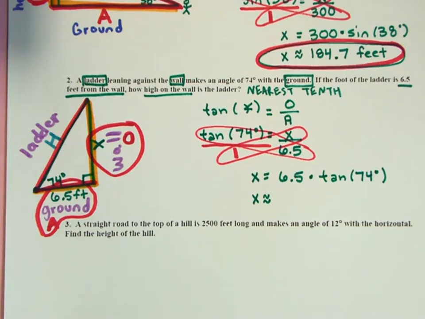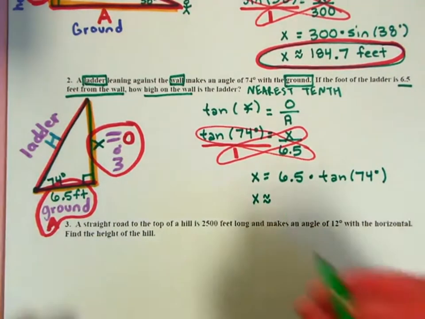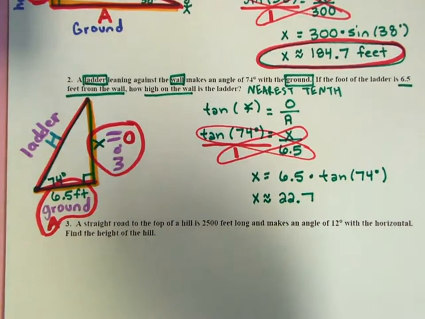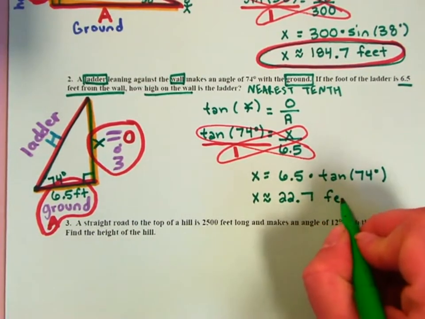And tell me what you get. Does everyone agree that it's 22.7? Yes. Approximately 22.7 what? Feet. Approximately 22.7 feet.